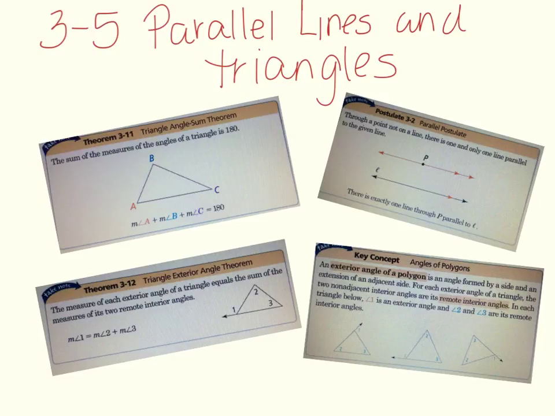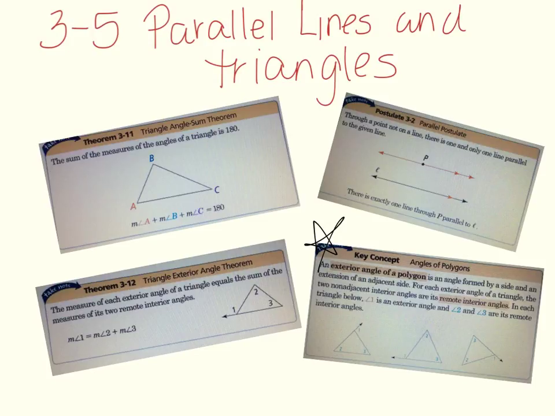The last theorem is the triangle exterior angle theorem. And this one is going to require you to know the definitions that are listed right here. The two vocabulary terms are exterior angles and remote interior angles.